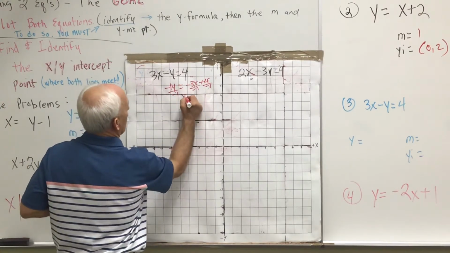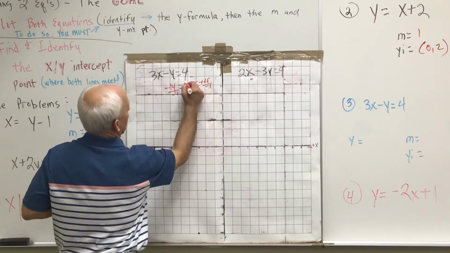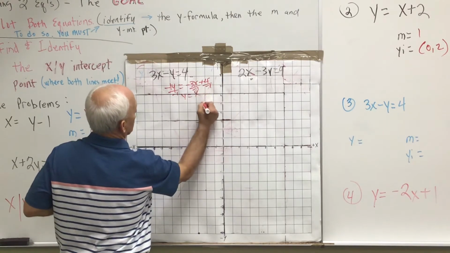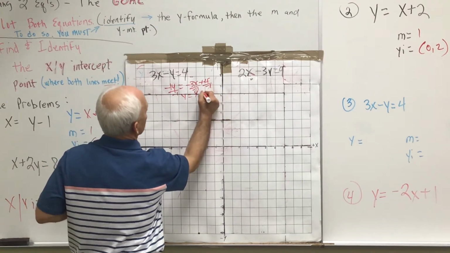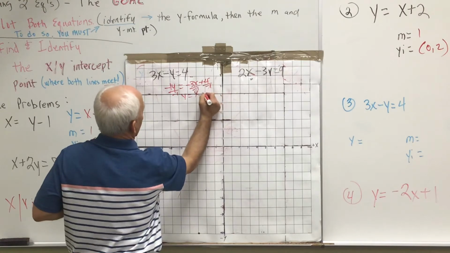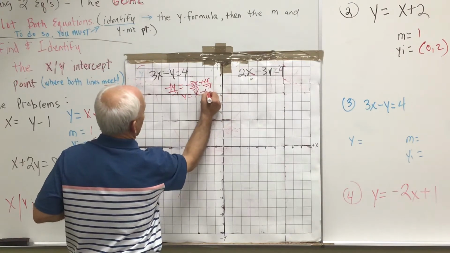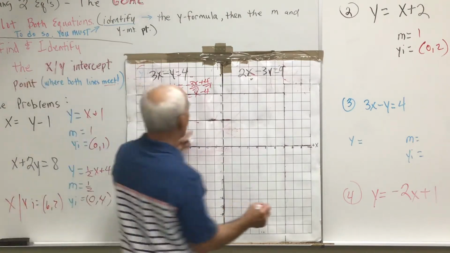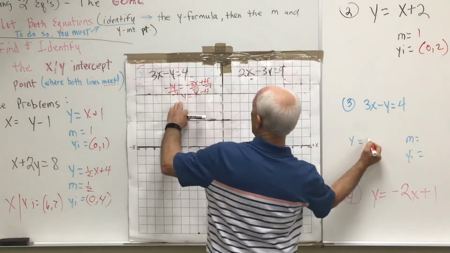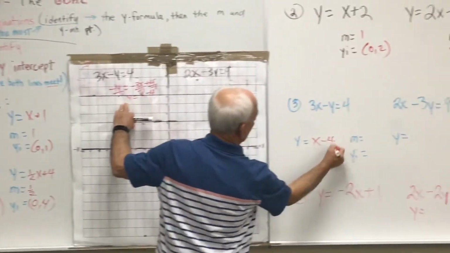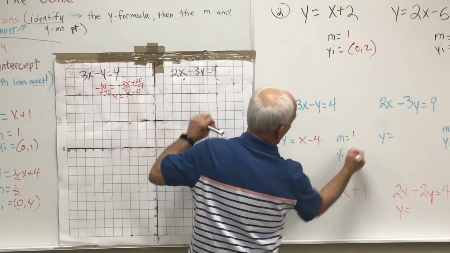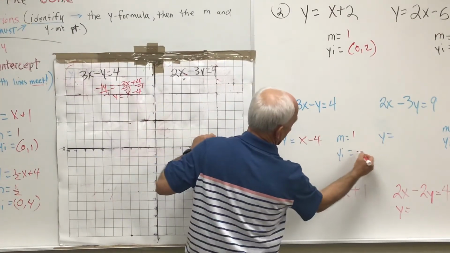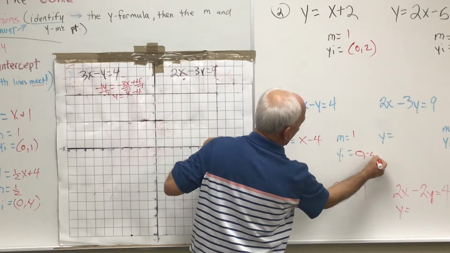Now we're going to have y equals, negative into negative is positive x, which is 1x, and then -1 into positive 4 is -4. So we've got that much done. You ready? We have our y equals x minus 4. Our slope is 1. Our y-intercept is 0, -4.